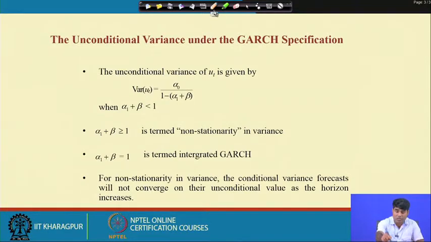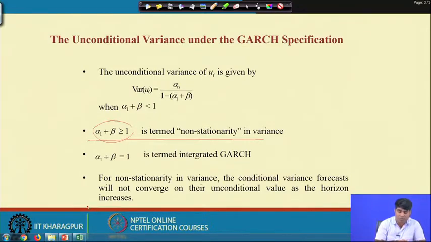So, that means technically if this happens, that is alpha 1 plus beta greater than 1, then it is an issue of non-stationarity. Non-stationarity is just the opposite of stationarity, which we have already used in the case of the ARMA model, where instead of ARMA we call it ARIMA, autoregressive integrated moving average. So, the I stands for integration and we call it the order of integration.